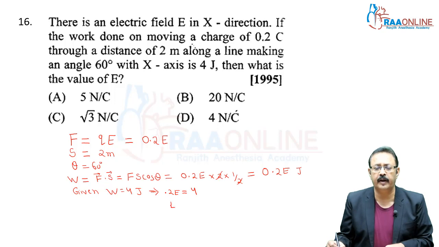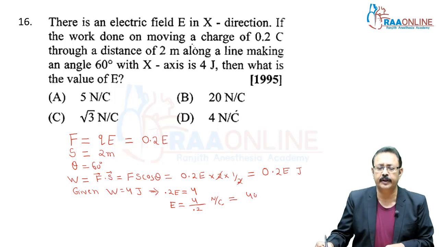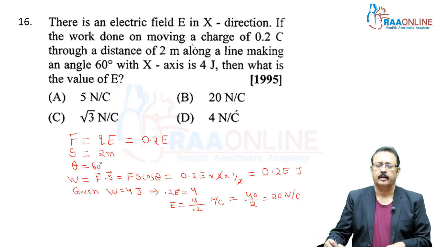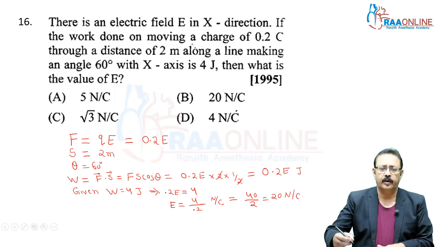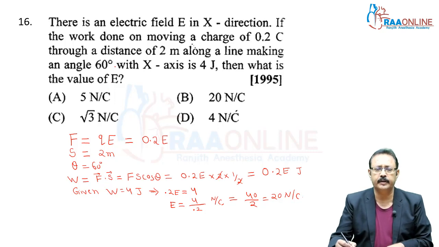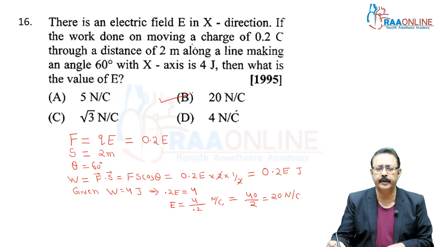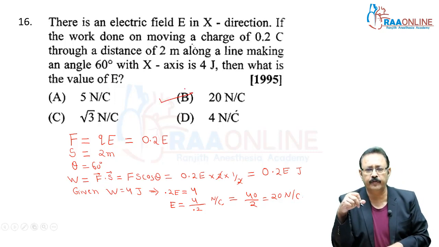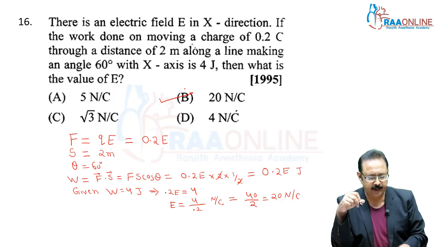So what should be the value of E? 4 upon 0.2, SI unit Newton per Coulomb, force experienced by unit charge, means 40 upon 2, which is 20 Newton per Coulomb. So we got the answer. We will go with option number B. This was a problem from 1995 AIPMT.